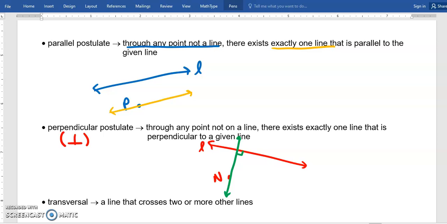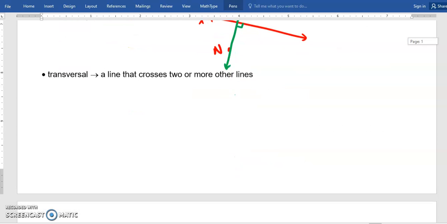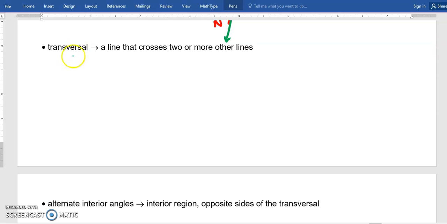After that, here's another piece of vocabulary: the word transversal. Think about that prefix trans. Trans means across, like a transatlantic flight goes across the Atlantic Ocean. So a transversal is one line that crosses two other lines.